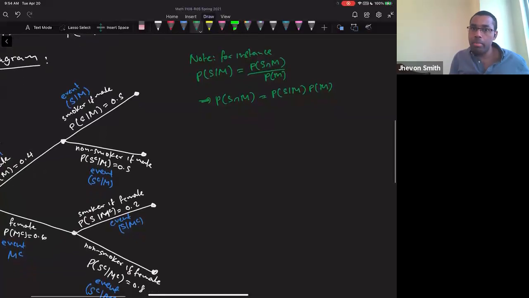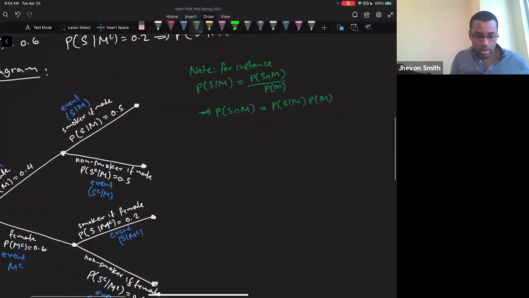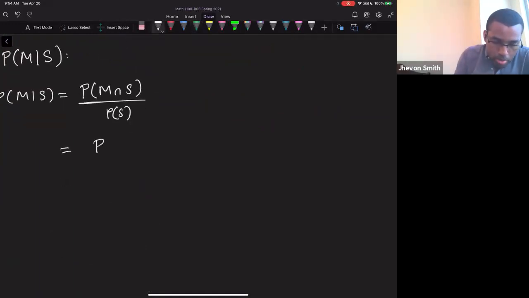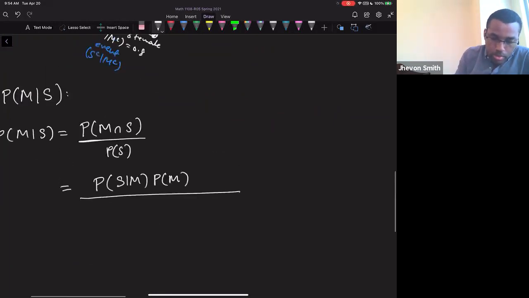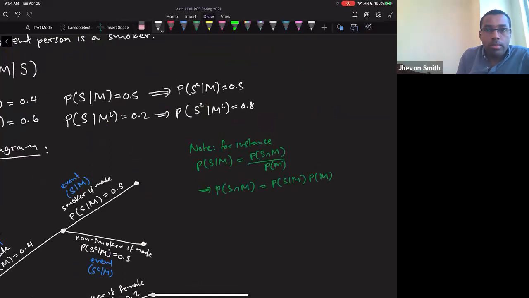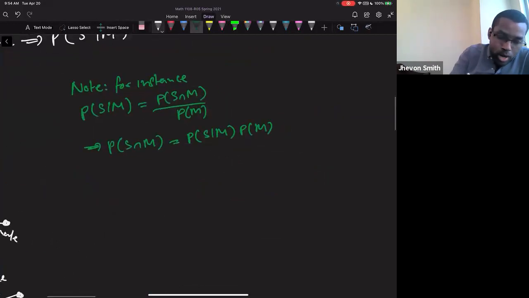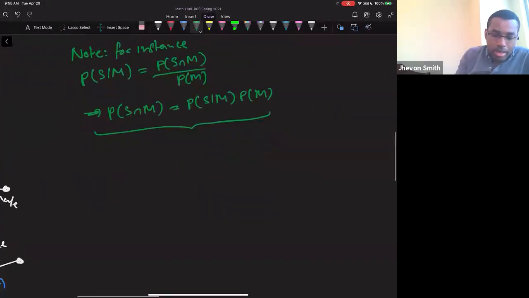I can use that same kind of reasoning down here. So this is going to be the probability of S given M times the probability of M, right? That's what we just derived over here. Which is why, and this is why I've told you this before, multiplying along an arm in a tree diagram gives you the AND probability.